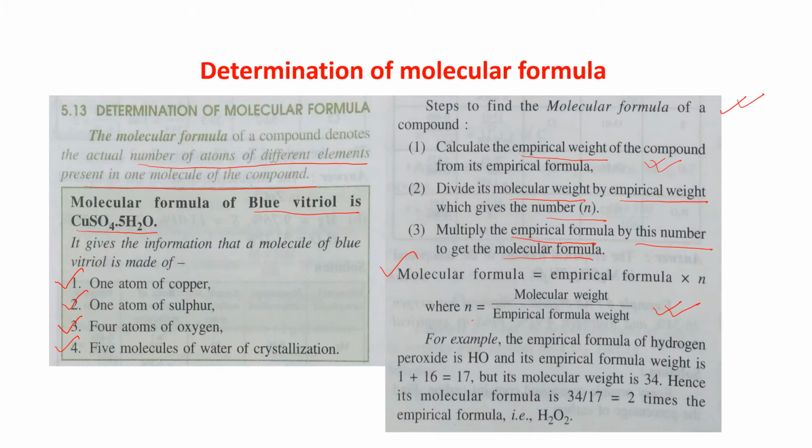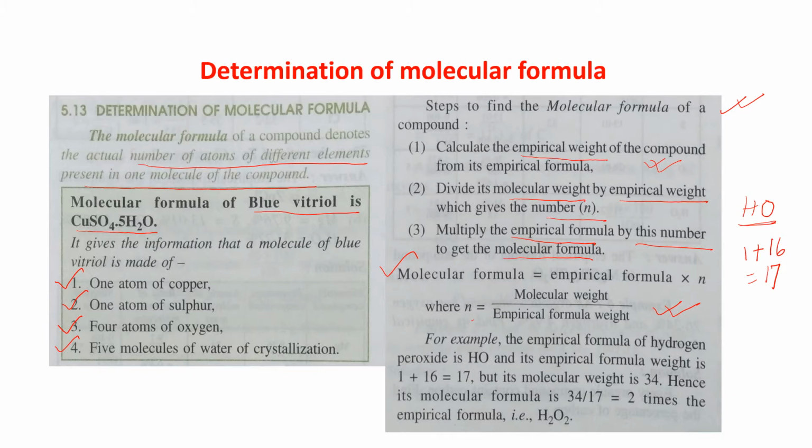Okay, suppose for example the empirical formula of hydrogen peroxide is HO. Now I am calculating its empirical formula weight. The empirical formula weight is 1 plus 16, so it is 17. But what is the molecular weight of H2O2?